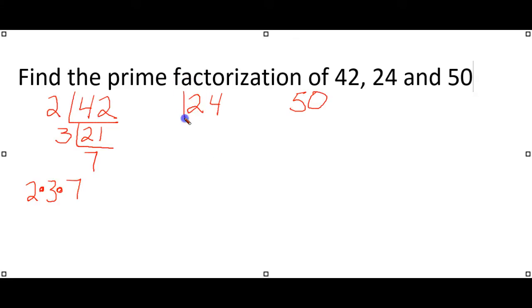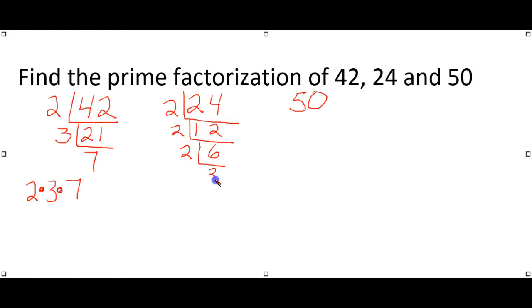All right, let's do this one. Again, it's even, so I can take out a 2. And I get a 1 and a 2 there. And this is even, so I can take out a 2. 2 goes into there 6 times. And 6 is even, so I can take out a 2.